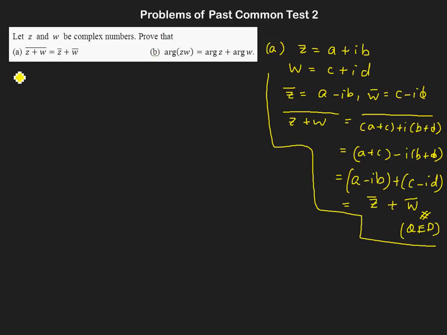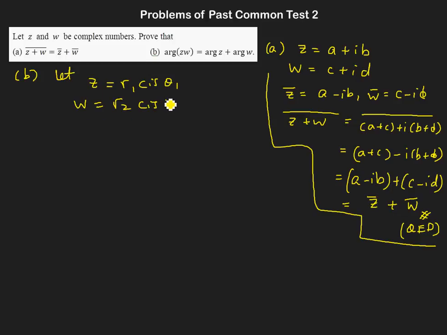Part B is a bit tricky, but just a good sound understanding of trigo would be enough. So what we do is we let our Z be something like r1 cis theta 1, and let W be r2 cis theta 2.